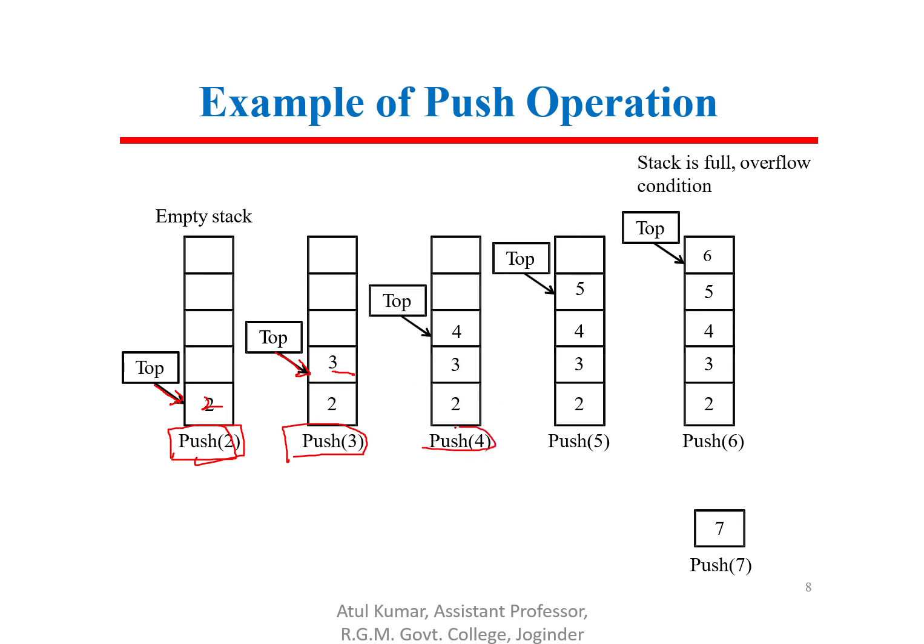Then in the third step we have pushed an item 4, and now top points to this position. In the fourth step, we have pushed an item 5, and now the top points to this position. In the next step we have pushed an item 6, and now the top points to this position 6.